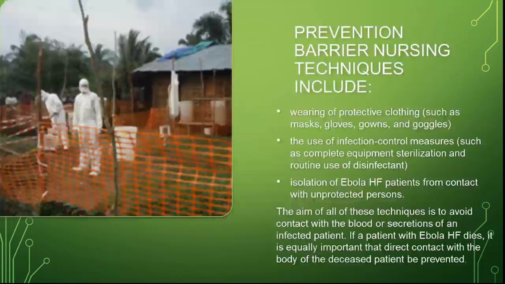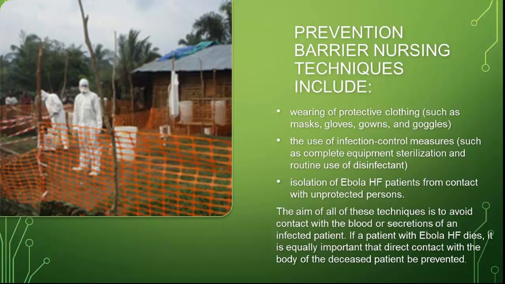So, this is a picture from the CDC showing the barrier nursing that they're using now in Africa, which is wearing protective clothing such as masks, gloves, gowns, and goggles, the use of infection control measures such as complete equipment sterilization and routine use of disinfectant, and of course putting the patient in isolation.